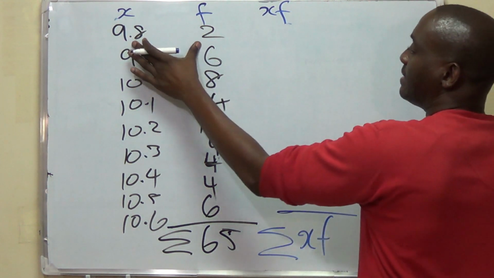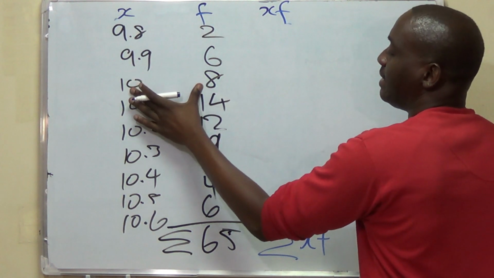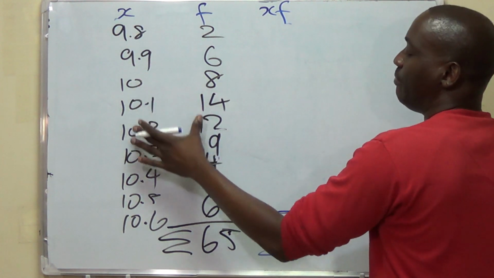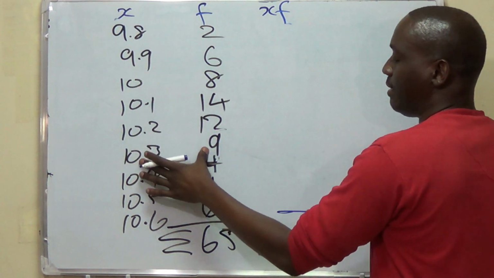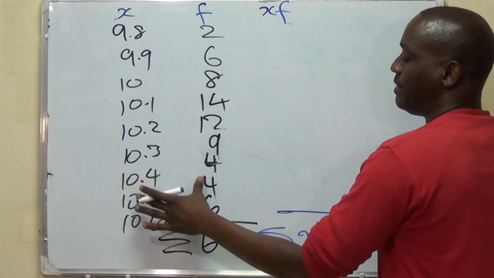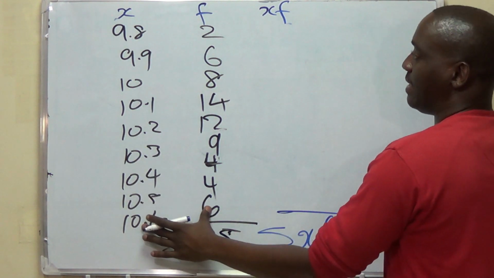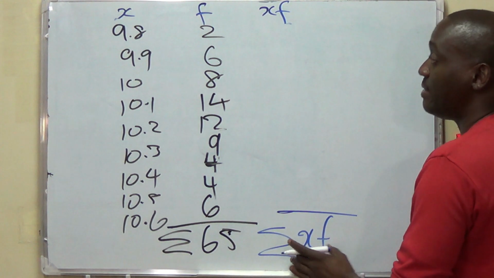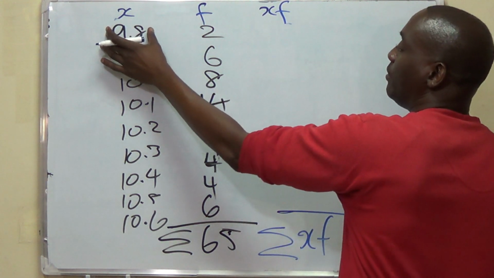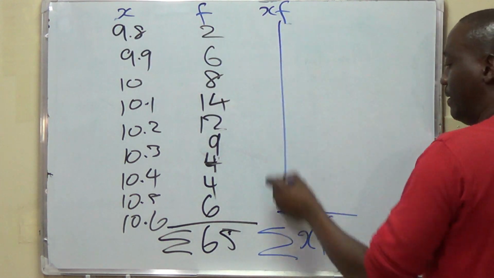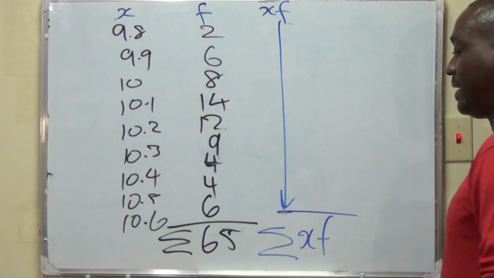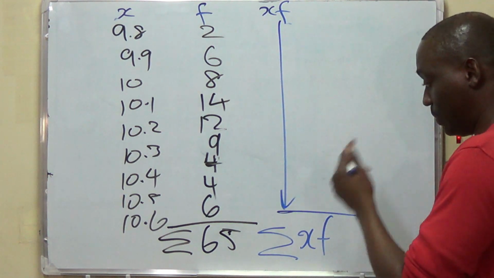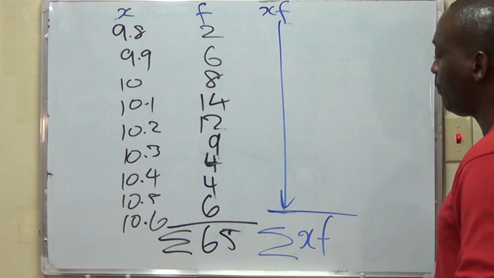Good? So this XF plus this XF, and so on for all nine rows, where XF is simply the value multiplied by the frequency. When you add all of these, that's what you will get, whatever it is, right? We're not going to go through that in this video.